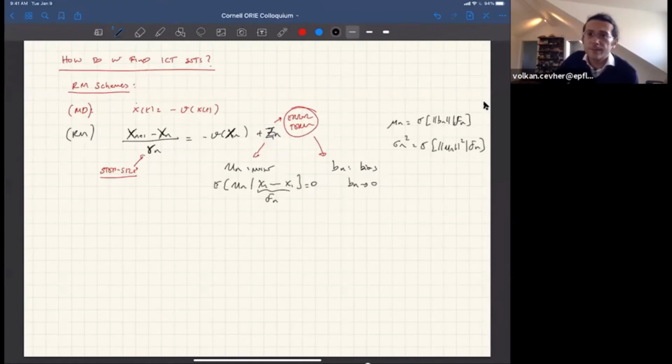All right. So here's the rough statement about these Robbins-Monro schemes that are discrete in nature.